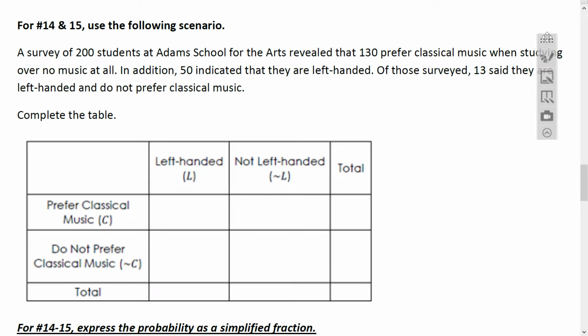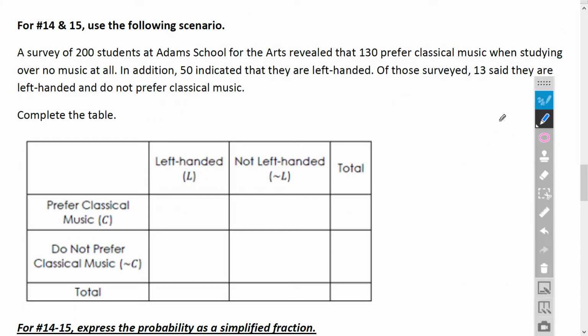Okay, for this next one, we need to actually fill this out. A survey of 200 students, so the total of all totals is 200 students, revealed that 130 prefer classical music when studying. In addition, 50 indicated that they are left-handed.